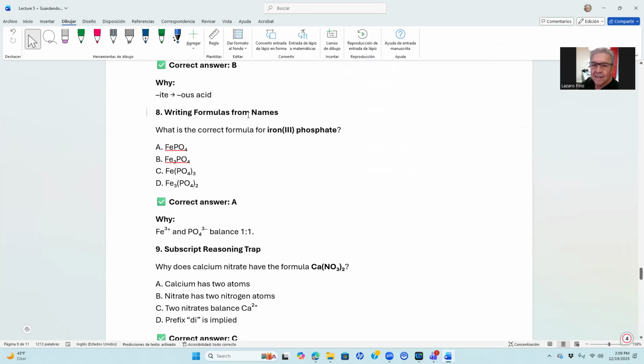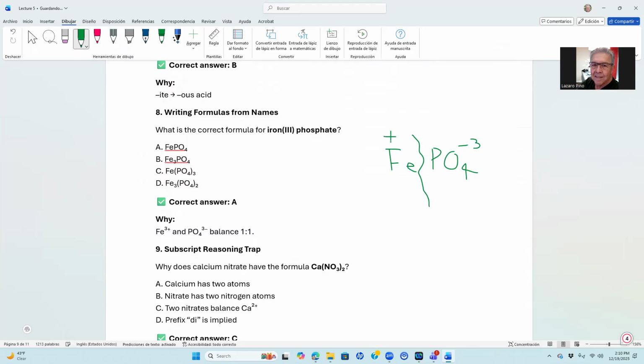Writing the formulas from the names. Okay, let's see. Iron 3. We have to find iron 3. You know that the PO4 anion works with negative 3. What will be the charge here in order to get a neutral compound?